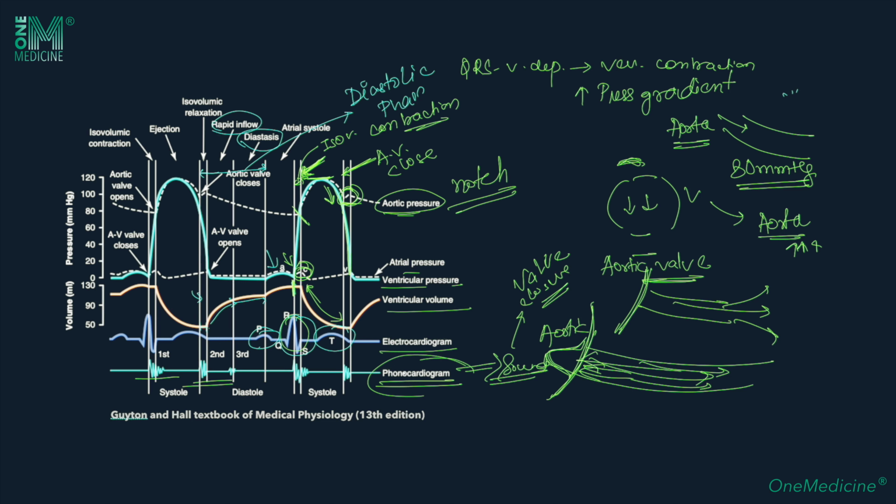The flow of blood across the aortic valve is of very high intensity, and this closure is also very sudden as compared to AV valves. Also, the AV valves are supported by chordae tendineae, which you will not find in the aortic valves. That's why the second sound, the closure of the aortic valve, produces a stronger sound.